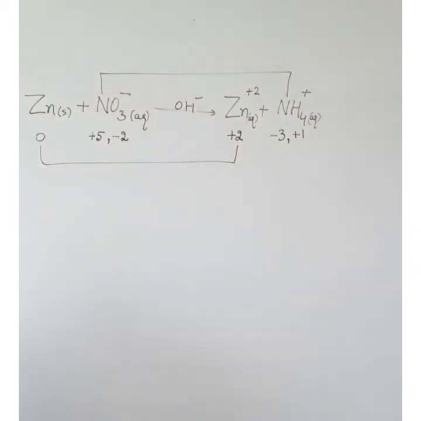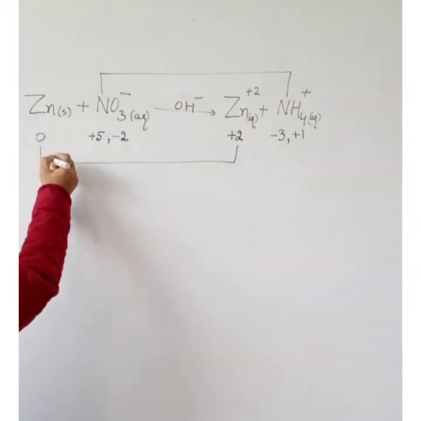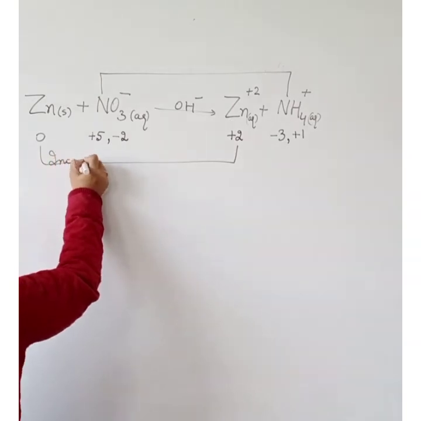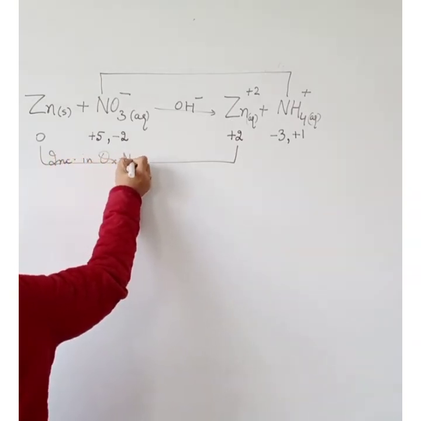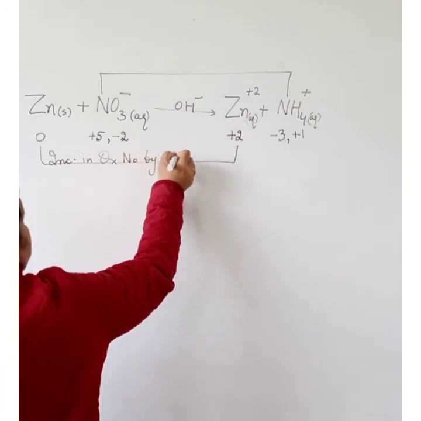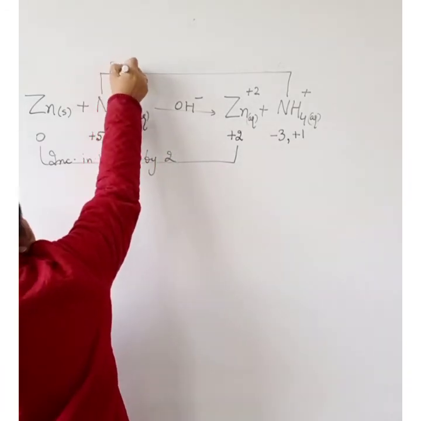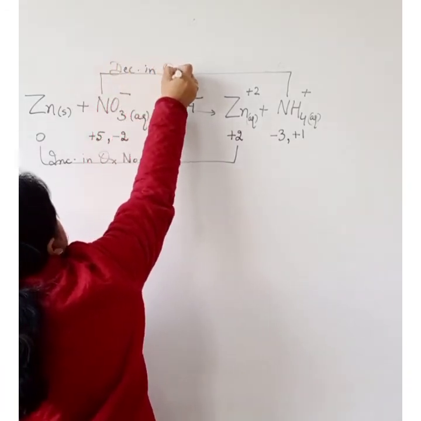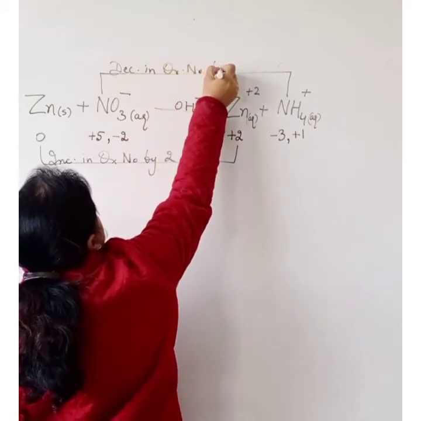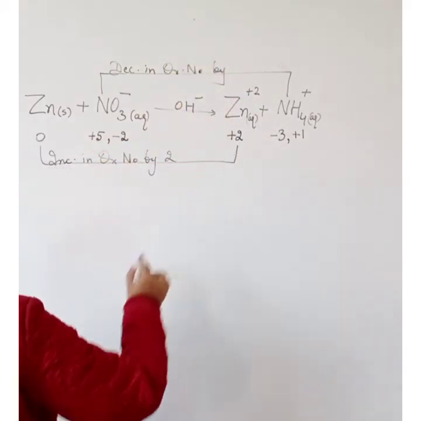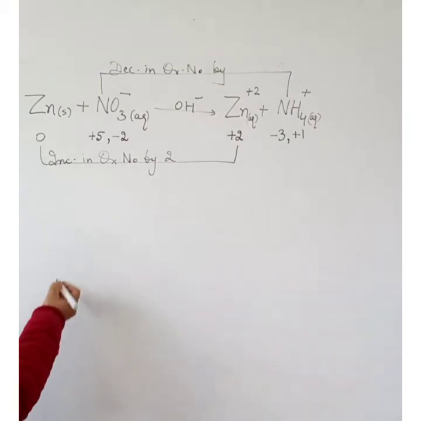Find out the change in oxidation number. Here it is increase in oxidation number by 2. And here there is decrease in oxidation number, plus 5 is changing into minus 3.